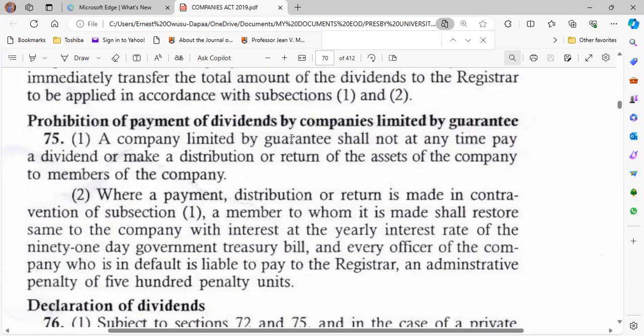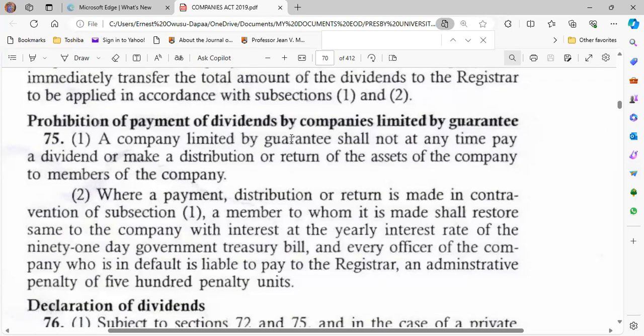And where you flout that, then there are consequences. Section 75.2 says that where a company limited by guarantee, for example, pays a dividend, then every member to whom a dividend was paid shall restore the amount of money received to the company with interest at the yearly interest rate of the 91-day government treasury bill.